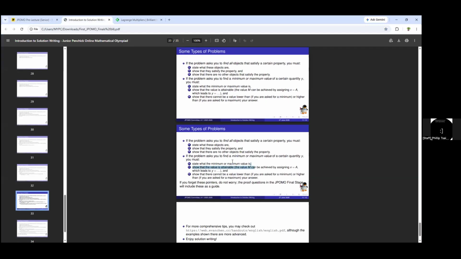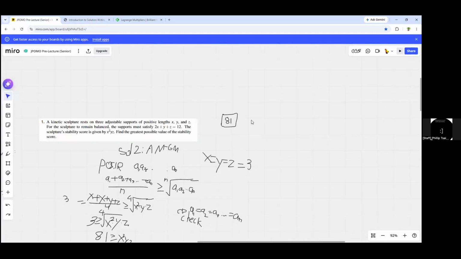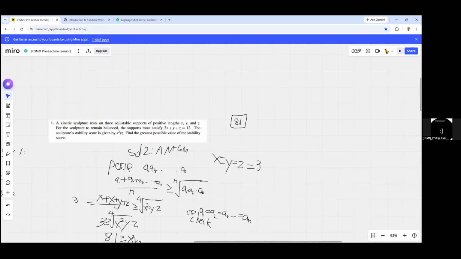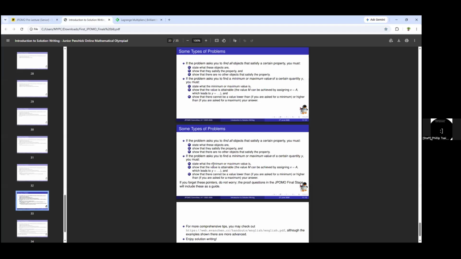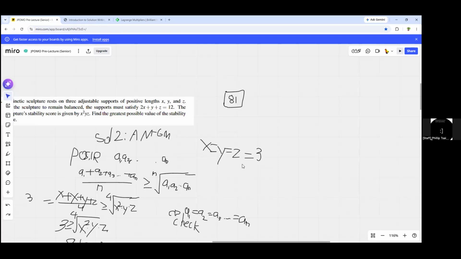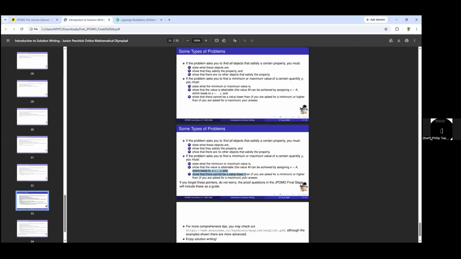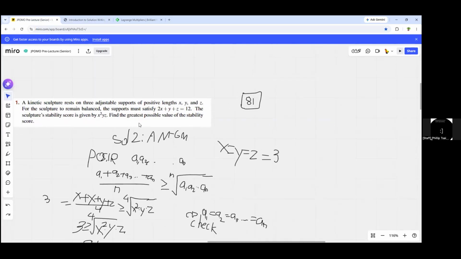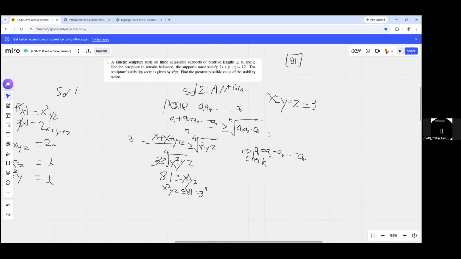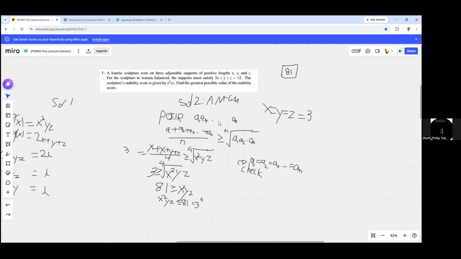Well, we stated what the maximum value is, which is 81, and then we show that the value is attainable by setting x equals y equals z equals 3. And then lastly, we also show that there cannot be a value higher than our answer because it's the greatest possible value, in this case by using the AM-GM inequality.